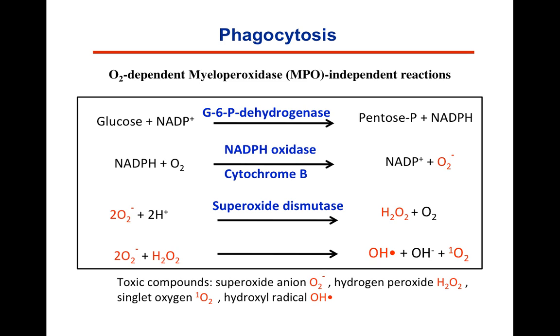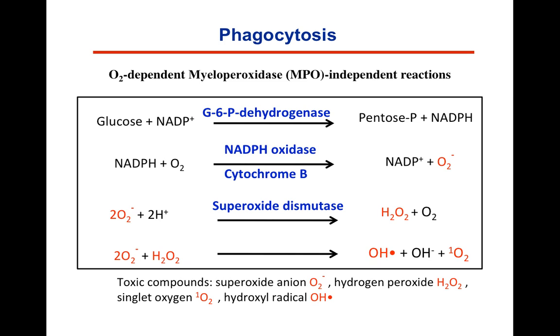For example, glucose can be converted with NADP, in the presence of G6P dehydrogenase, to pentose phosphate and NADPH, and that NADPH in the presence of oxygen, NADPH oxidase and cytochrome P can go on to form superoxide.